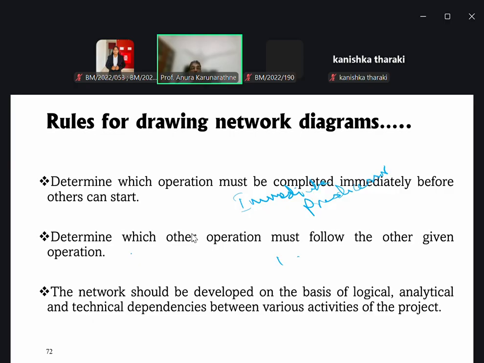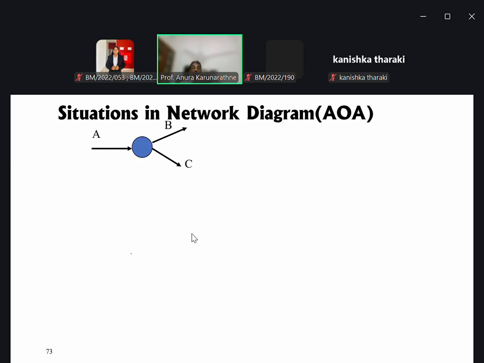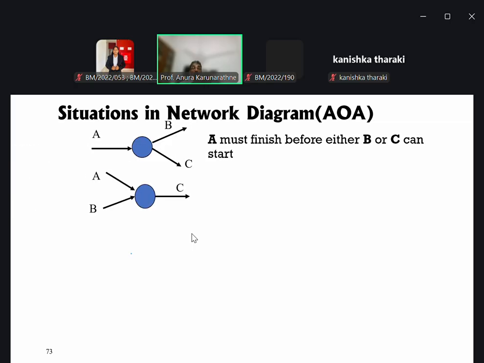Determine which other operation must follow the other given operations, so those are similar terms. In this case, A must finish before either B or C can start.